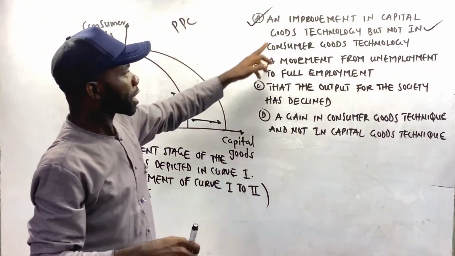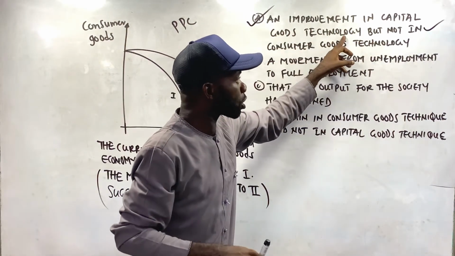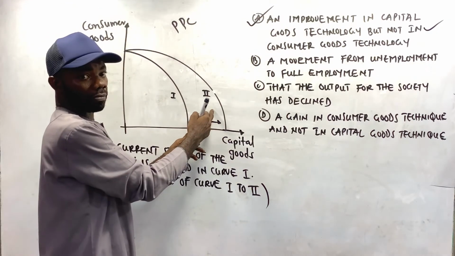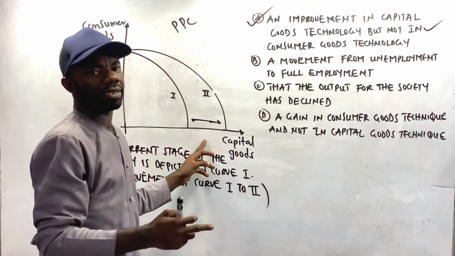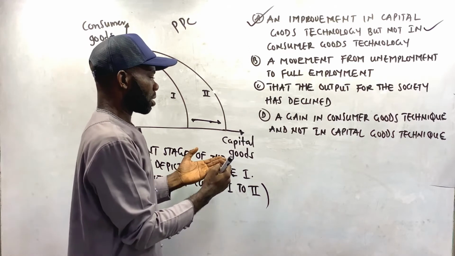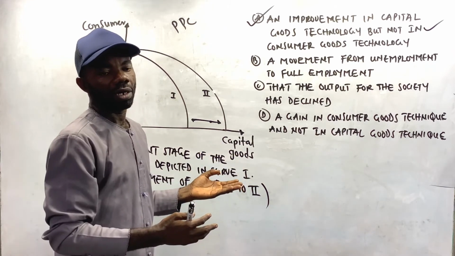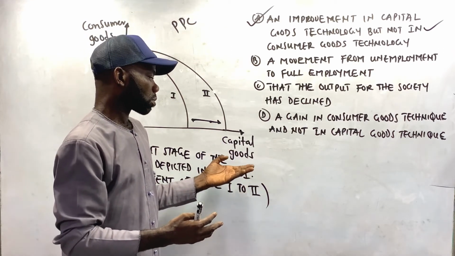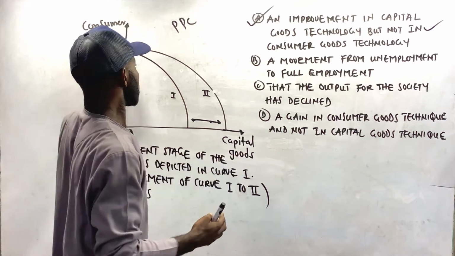Why? Because of an improvement in capital goods technology. Let's take, for example, that the capital good here is the harvesting of corn, and this is yam.